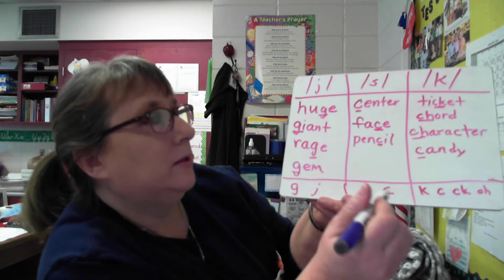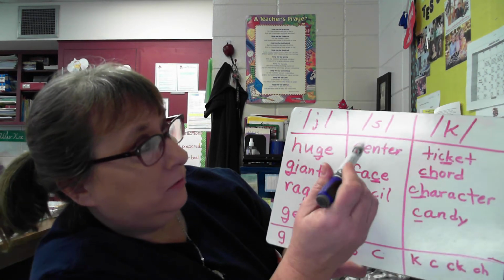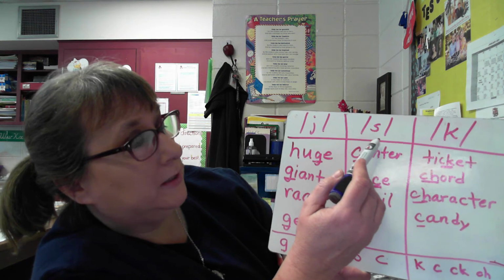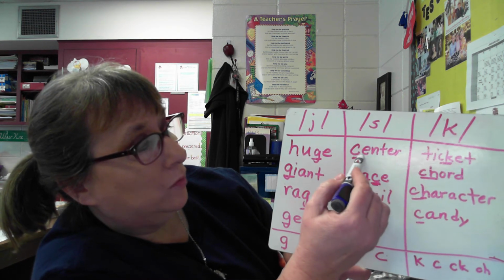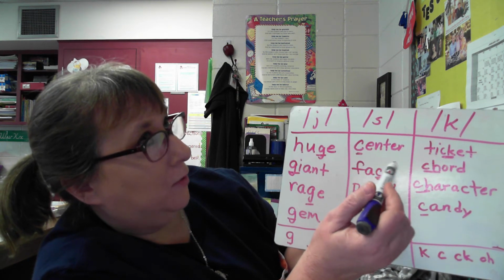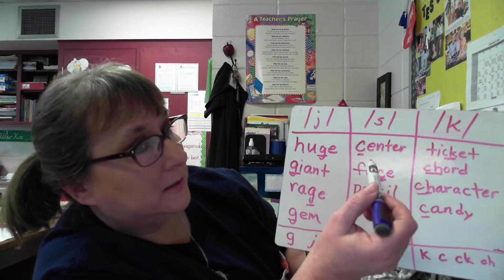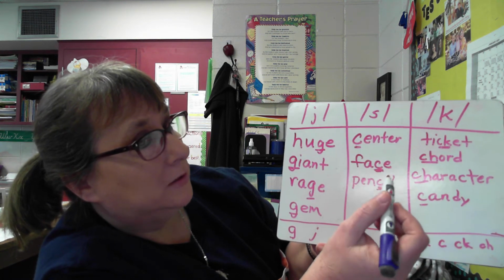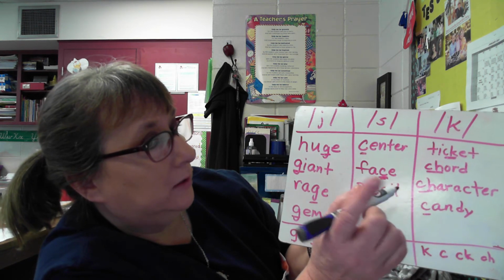So make sure you know this, because our dictation on Wednesday is going to have words that sound like S, and you're going to think it's an S, but it's really going to be a what? A C. So remember the rule, I don't know if it's really a rule or not, but it's what I've always been taught. If you have an E or an I following the C, it's an S sound, okay? So if your next letter is E or I after the C, it's a C, not an S, okay?